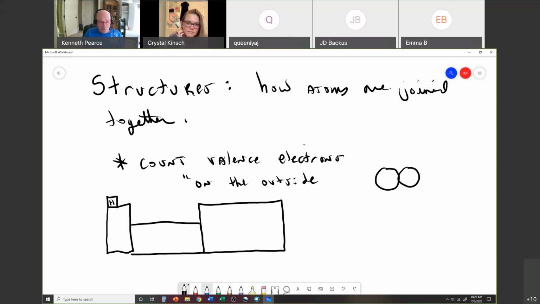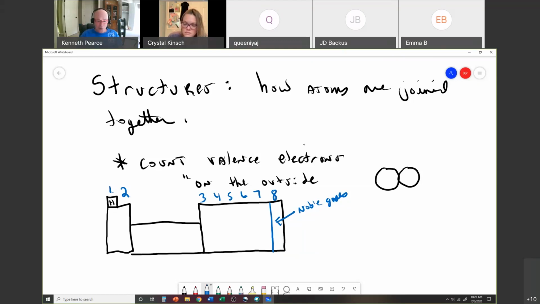We can count the number of valence electrons, and it goes 1, 2, 3, 4, 5, 6, 7, 8. And here are your noble gases, just to give you an idea of the layout. Everybody see how that runs? And it's also the same as the group number.